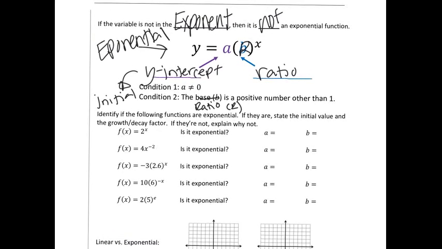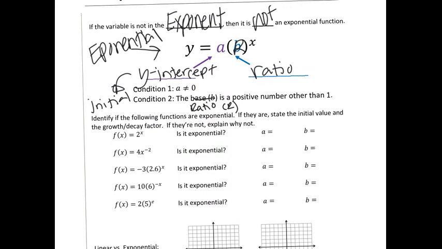We're looking for the ones that look similar to y equals a times r to the x power. Notice that your variable, x, is in the exponent. So walk yourself through these and decide if it's an exponential, yes or no, and then what your initial value or y-intercept would be, and what your ratio would be.